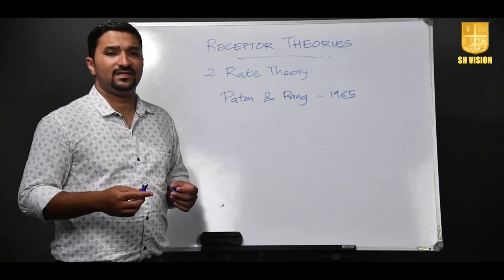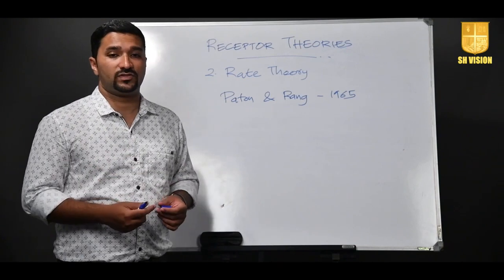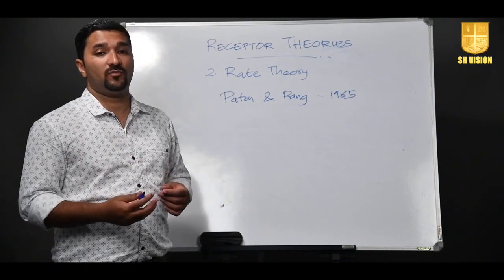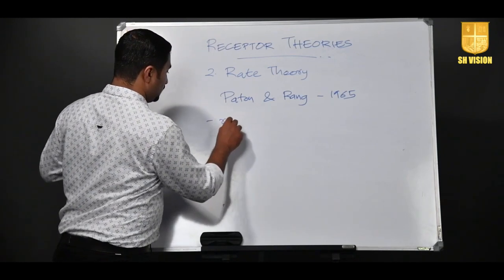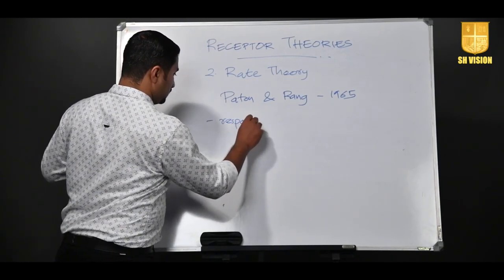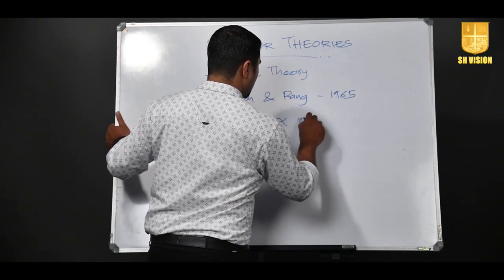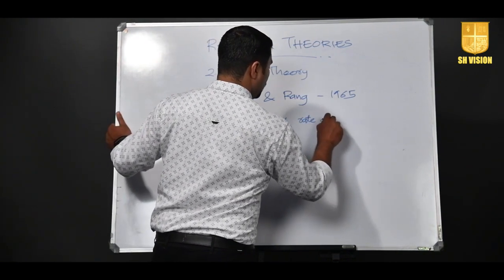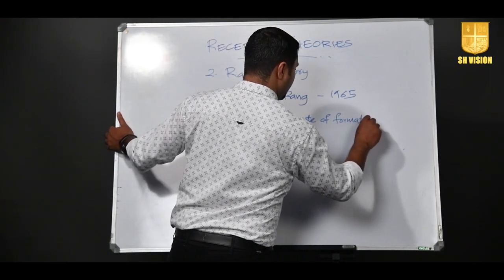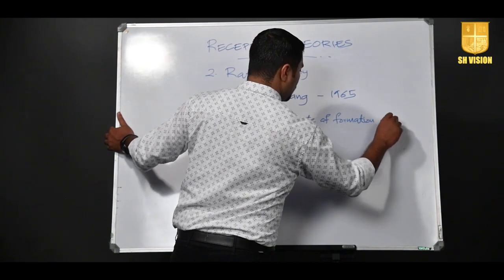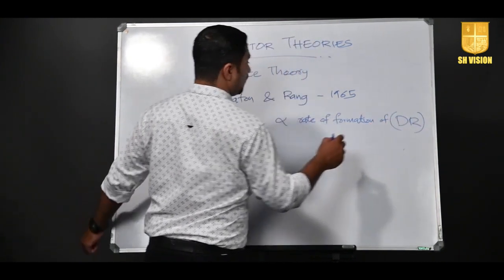They proposed that the biological response of a drug is directly proportional to the rate of formation of the drug receptor complex. So, response proportional to the rate of formation of drug receptor complex.